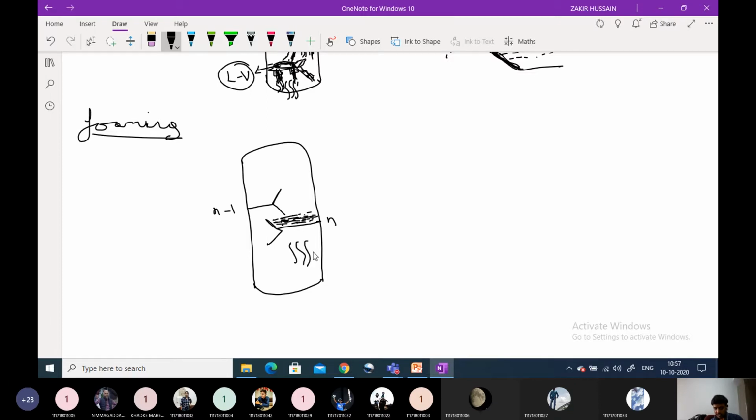The vapors are rising from bottom to top. When these vapors touch this liquid, what happens? If that liquid is an expandable or foamable liquid, the foams will form like this. These foams will have a tendency to go up to the next plate, and this foam will disturb the fluid on the next plate also. Then contamination will take place.